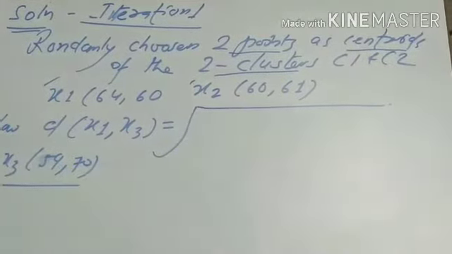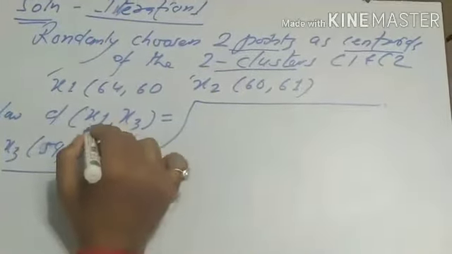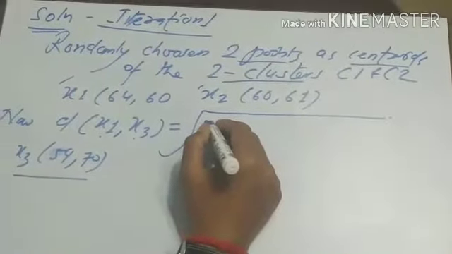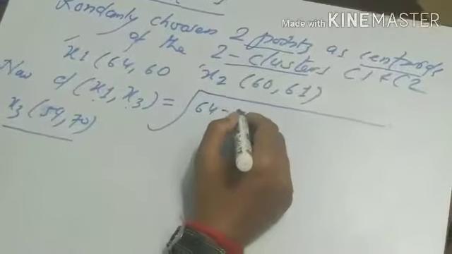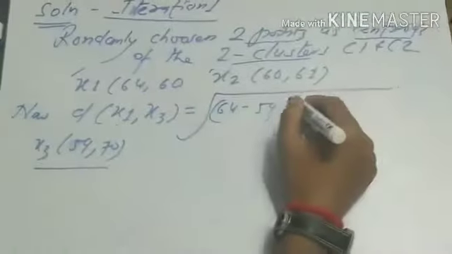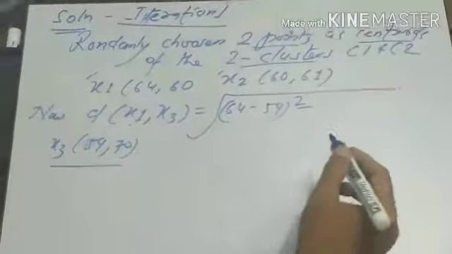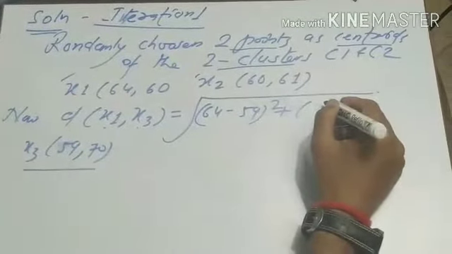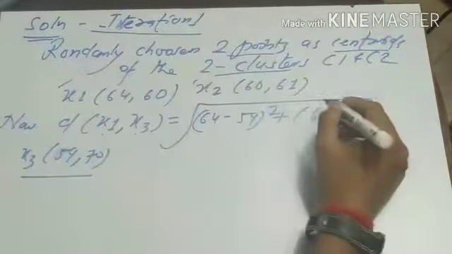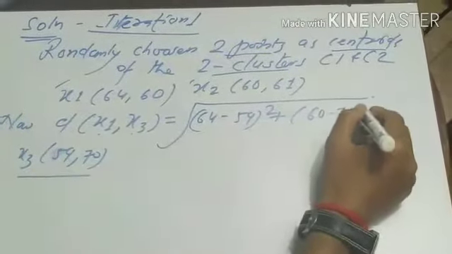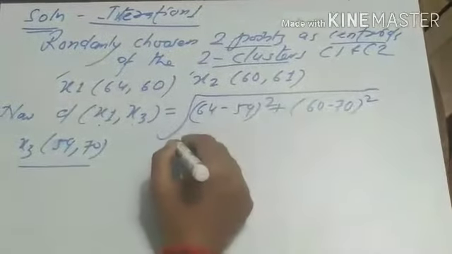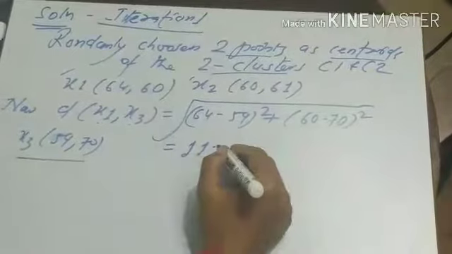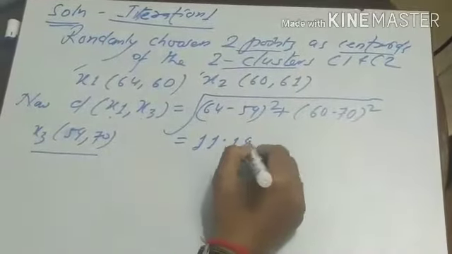So we calculate the distance between x1 and x3 very simply: 64 minus 59 whole square, we know the formula of Euclidean distance, plus 60 minus 70 whole square. After calculation we got 11.18.